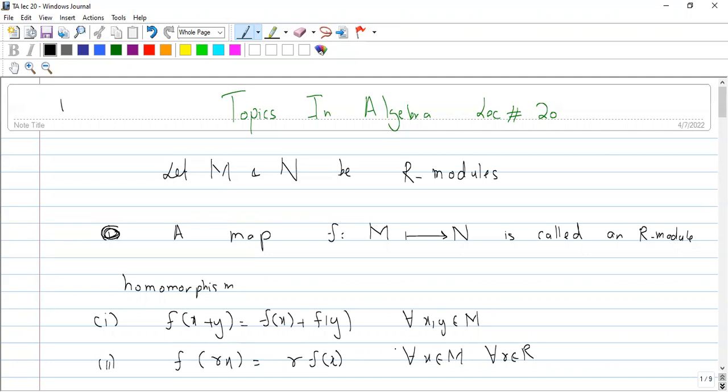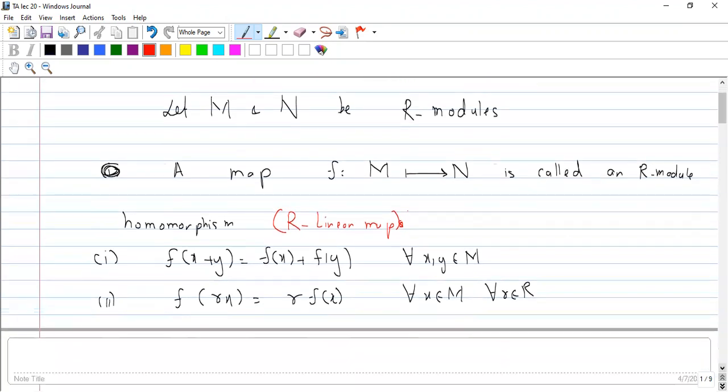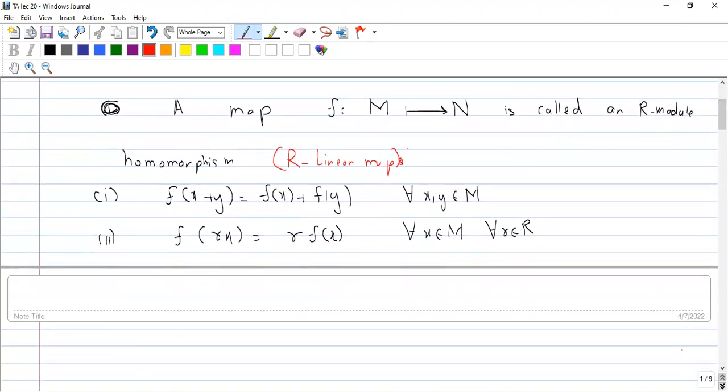So it is a generalization of a linear map. Another word is also used: R module homomorphisms are also called R linear maps, so the linearity is preserved. So this is the definition.